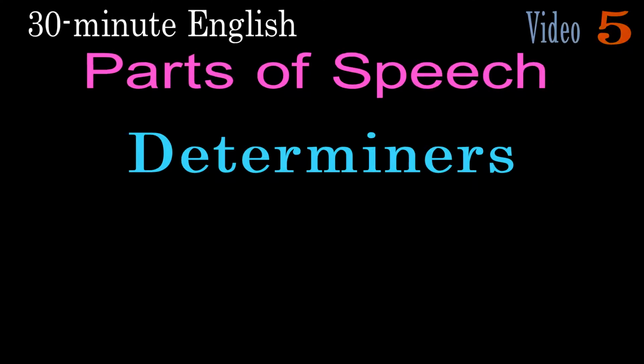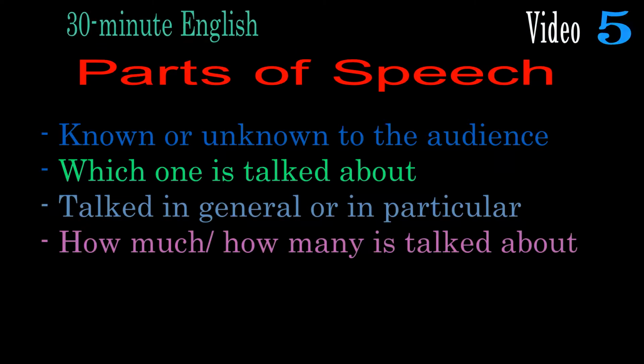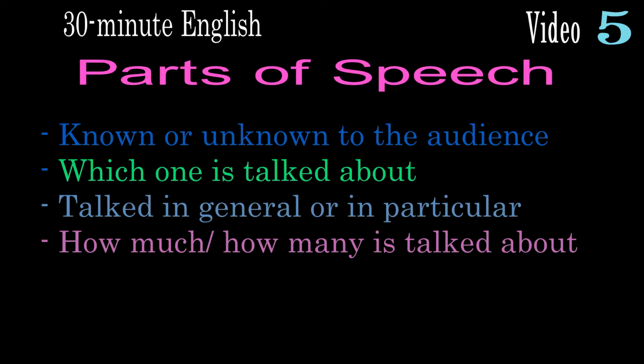For example, to talk about or indicate the following meanings. Whether something is known or unknown to the audience. Which one the speaker is talking about. Whether the speaker is talking in general or in particular. How much or how many of a thing the speaker is talking about.